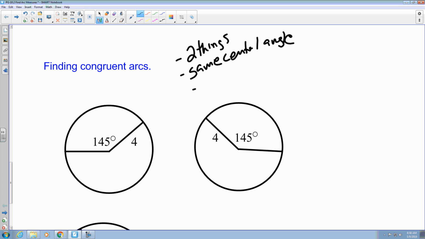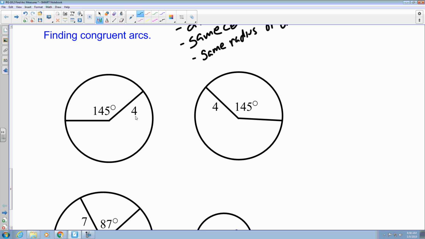And second, they have to have either the same radius or diameter. So they have to be congruent in all of those aspects. For this first one, they have the same central angle, 145 and 145, and they also have the same radius of 4 and 4. So yes, these are congruent arcs.